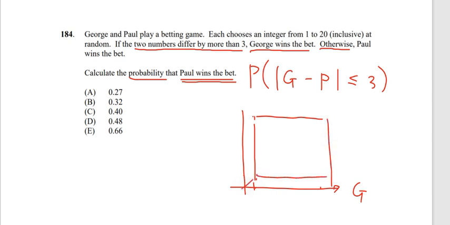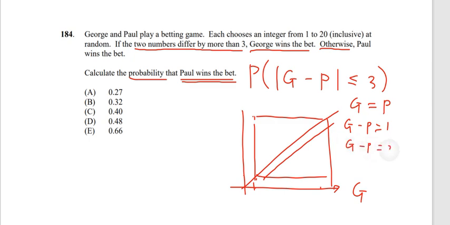So here G equals P, the difference is 0, then the difference equals 1. So we can say G minus P equals 1, G minus P equals 2, G minus P equals 3. Let's say we include 3 or do not include 3.